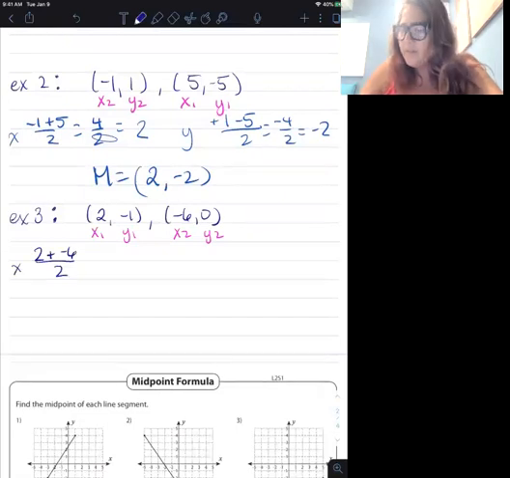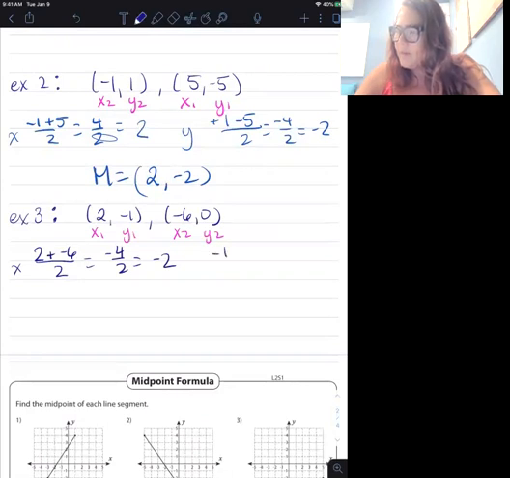This is for the x value, which equals -4/2, which equals -2. And then my y value, I've got -1 plus 0 over 2, which equals -1/2. So my midpoint is equal to (-2, -1/2).